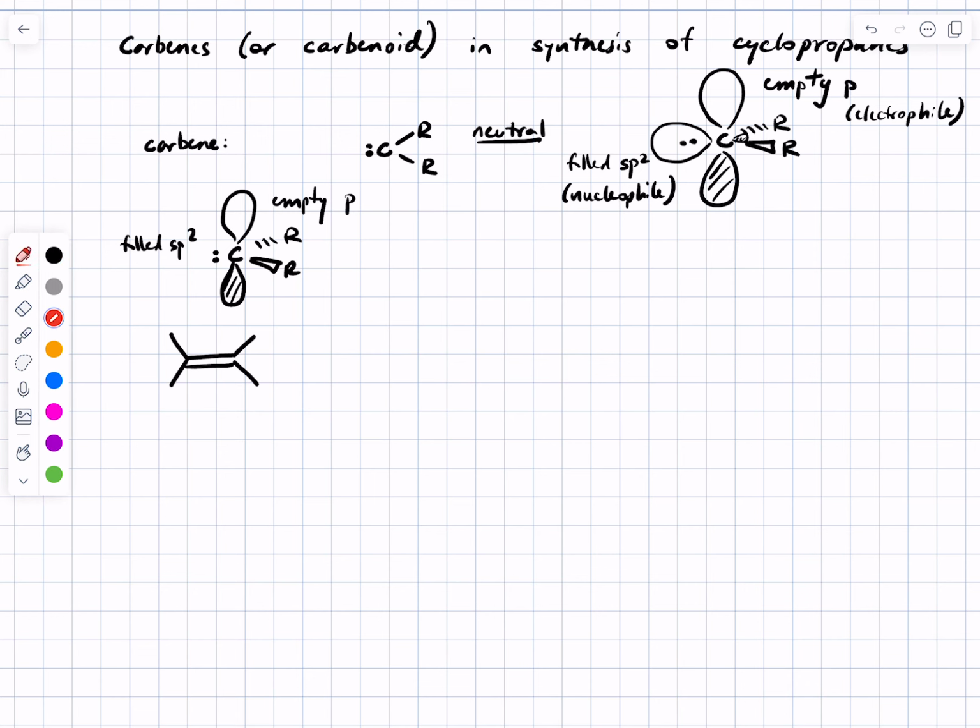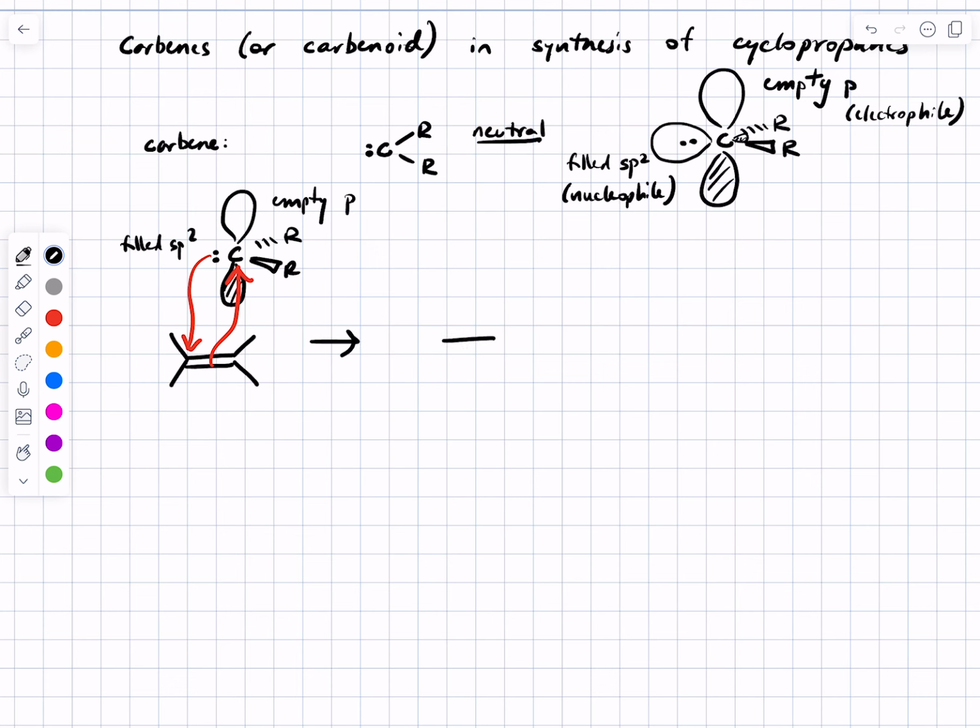Pi electrons from the alkene can attack the empty p orbital to make a new carbon-carbon bond. And at the same time, lone pair electrons on the carbon in the filled sp2 orbital can attack the other carbon of the alkene.